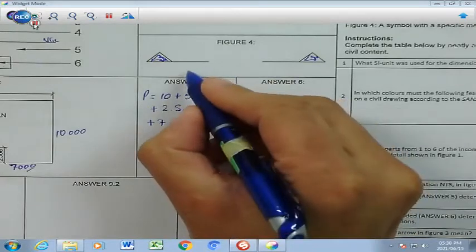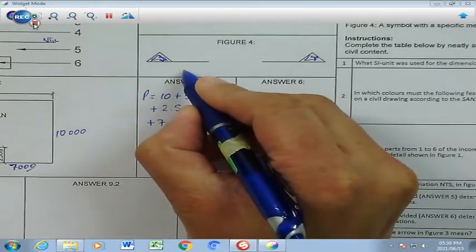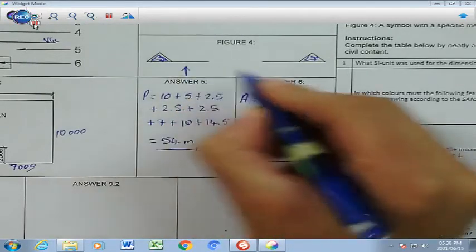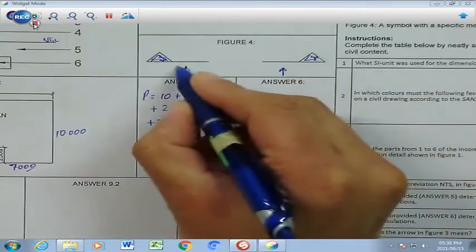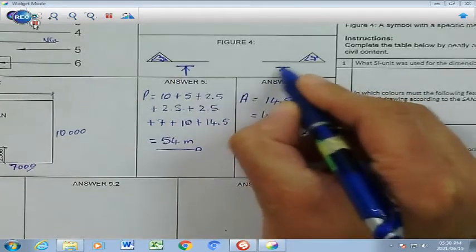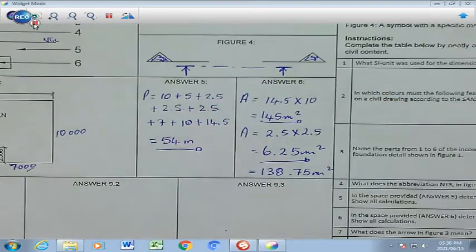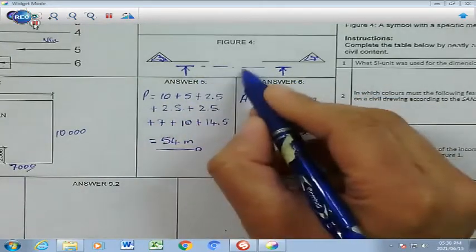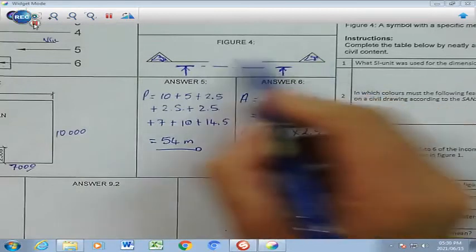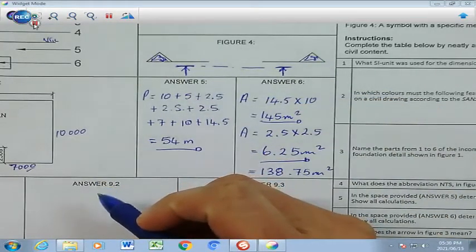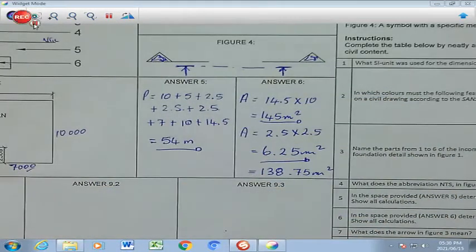It is somehow different to the symbol for mechanical, where you have arrows on both sides with a darker line touching the arrow and a center line connecting the two. That would be for mechanical. That here is the cutting line for civil drawings.